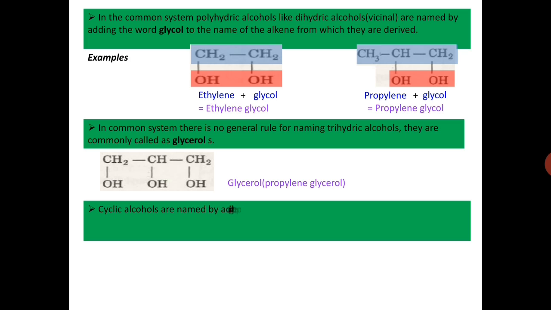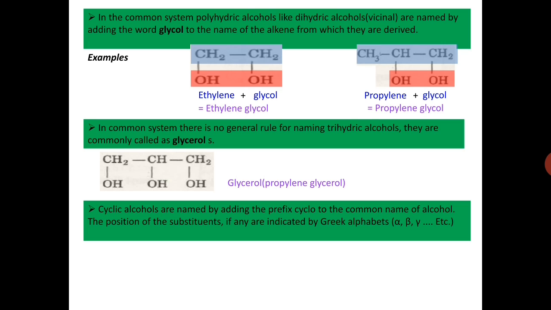Next one, in case of a cyclic alcohol we write cyclo as a prefix and then the alkyl alcohol, and if a substituent is attached, then we give the positions alpha, beta and gamma starting from the carbon to which the OH group is attached.